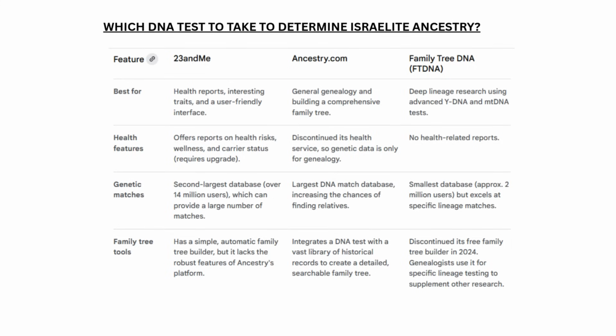There are private labs that you can use to do these tests as well. You can use a private lab to do a full Y, and they'll test your entire Y chromosome. Same thing for your mtDNA, but they're even more expensive than Family Tree DNA.